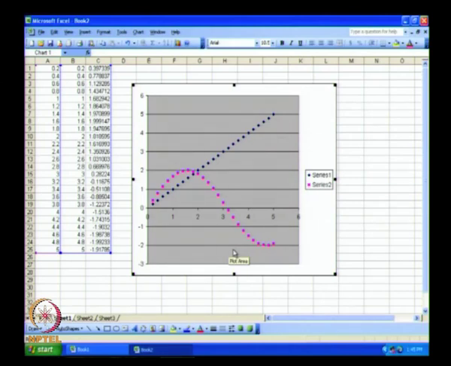So the solution is about 1.895, correct? Solution is x equal to 1.895.